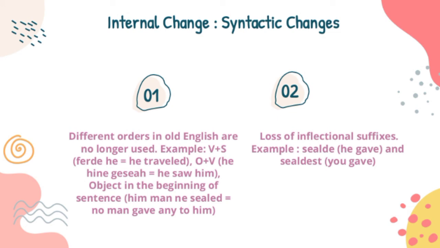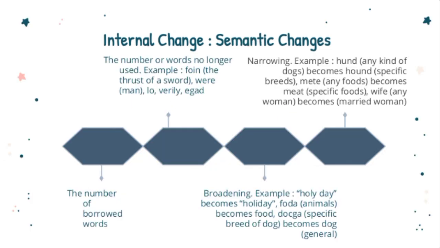They are no longer used in modern English. And then the last internal change is the semantic changes. The most obvious way in which modern English differs from Old English is the number of borrowed words that have come into the language since the Old English period. Less obviously, we have many words that we no longer use.